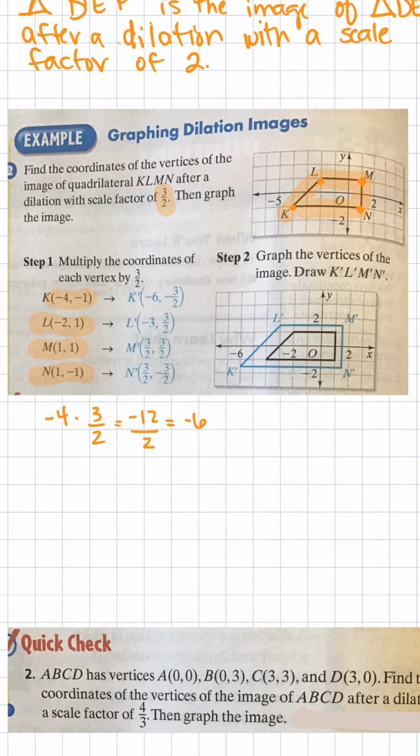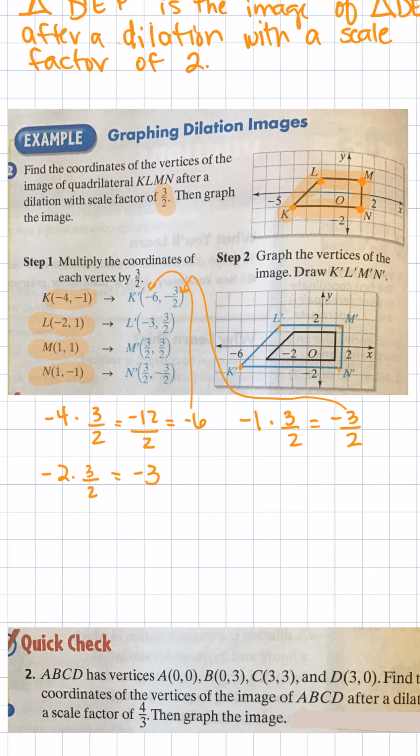So that's how we got this number. -1 times 3/2 equals -3/2. Each of these needs to be multiplied by 3/2. Once you have the new coordinates, you go ahead and graph it.